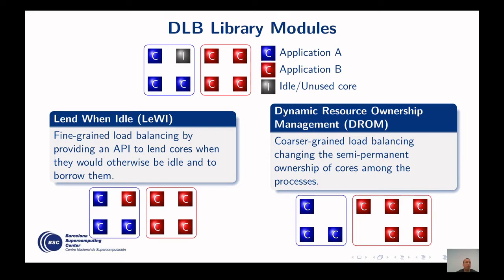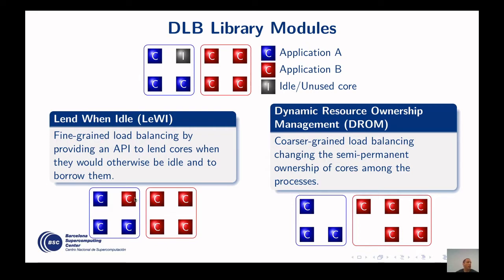In this example, you have two applications, A and B, that are running on the same node. But application A is not using all of its resources, and application B is highly loaded. In this case, you have one core that is idle, and LEWI will lend the core temporarily to application B to do part of the work, but A can claim the extra core back at any moment.